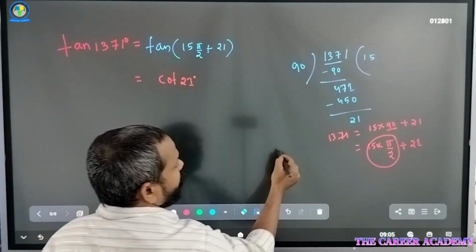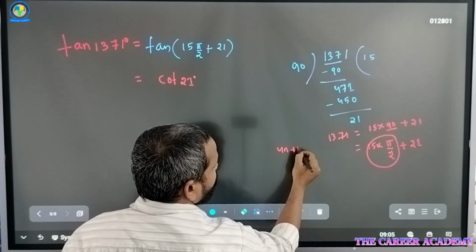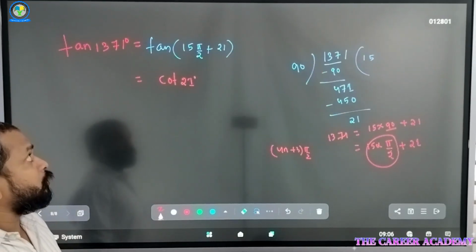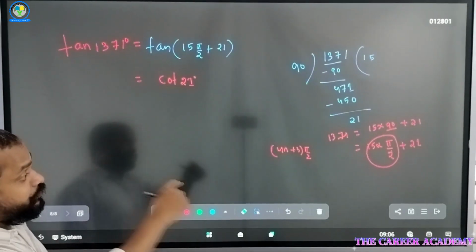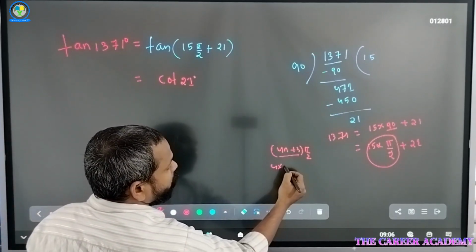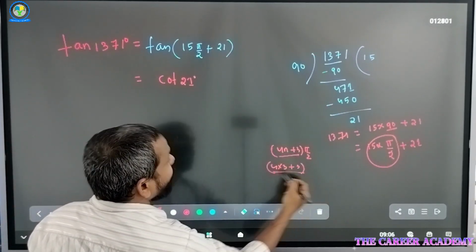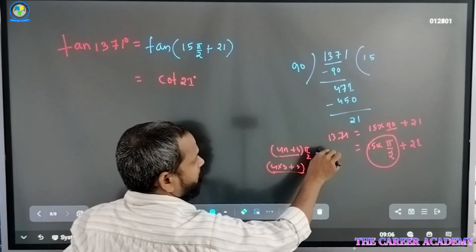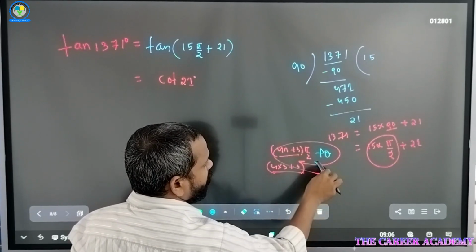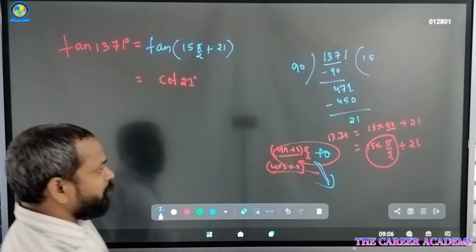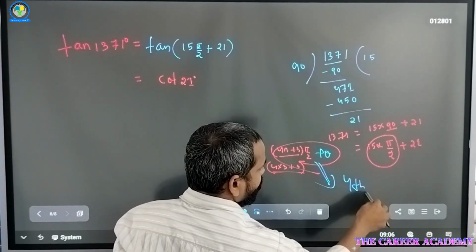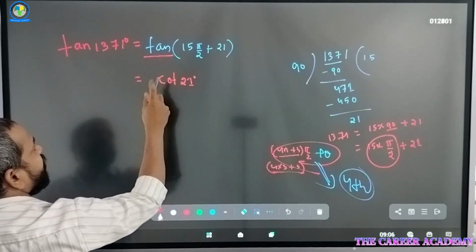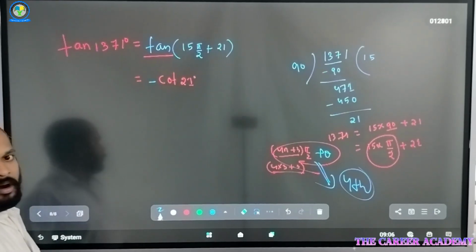It is 15 pi by 2, which is 4n plus 3 pi by 2 form. Just observe, 4 into 3 is 12, 12 plus 3 is 15. So 4n plus 3 pi by 2 plus theta belongs to the fourth quadrant. In the fourth quadrant, the tan value is negative. Understood, students?